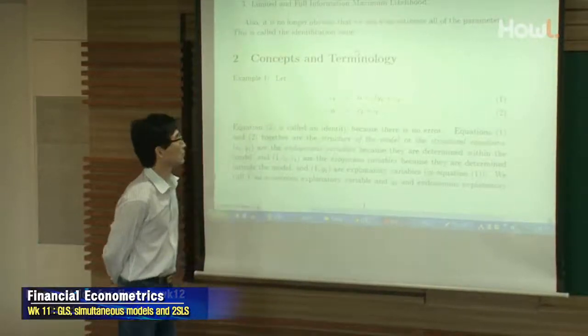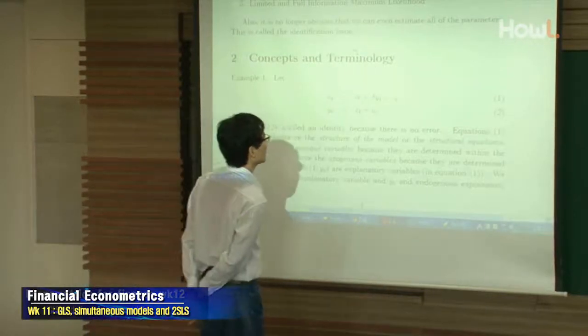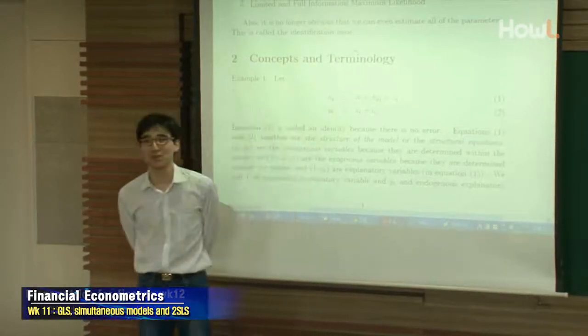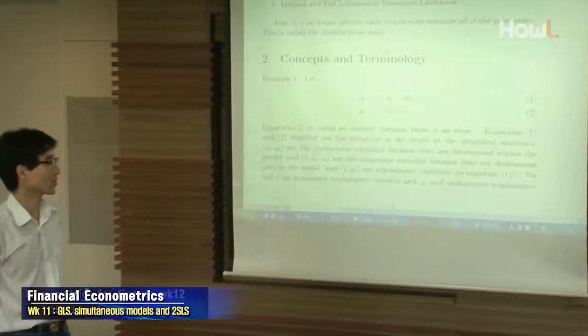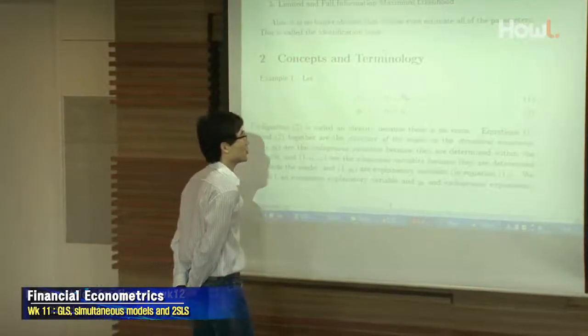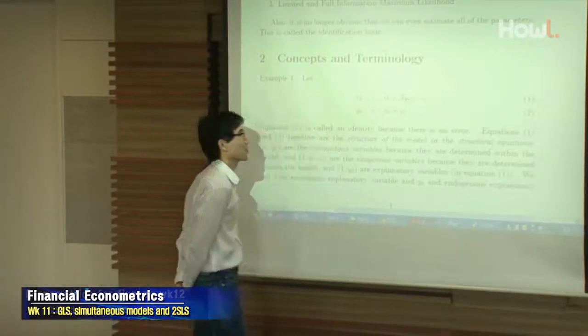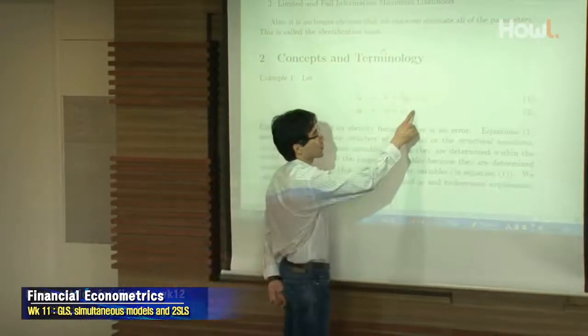And to simplify, GDP is the sum of consumption and investment. Of course, you need government and others, but let's assume, for simplicity, that GDP equals consumption plus investment. And interestingly, there is no error term, right?